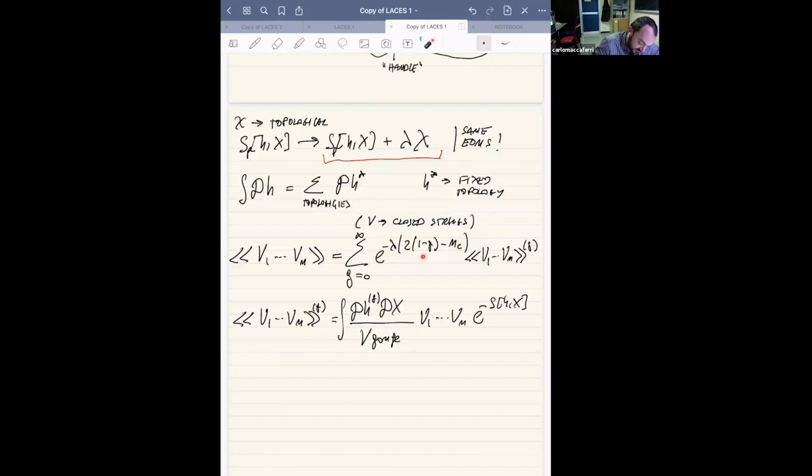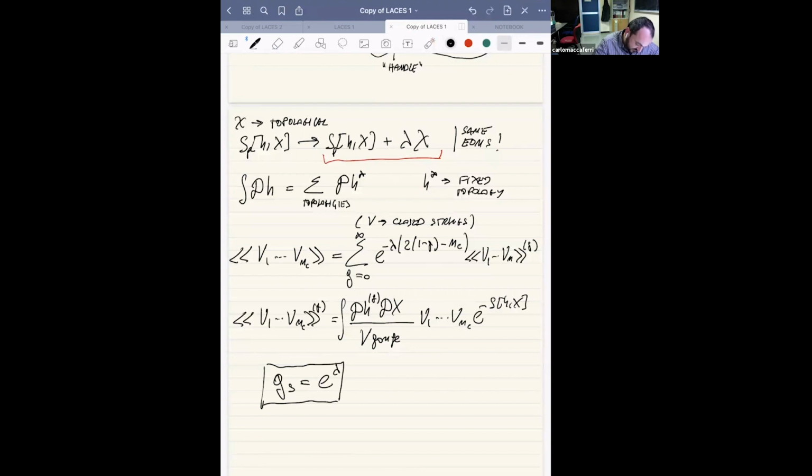This is just a number, but you see that it is controlled by the number of closed string insertions. I'm sorry, here there is n_c, of course, and also by the genus. So you see now this really looks like perturbation theory, where the coupling constant, the parameter which I'm using to expand my path integral, is called g_string, of course, and is given by e to the lambda.